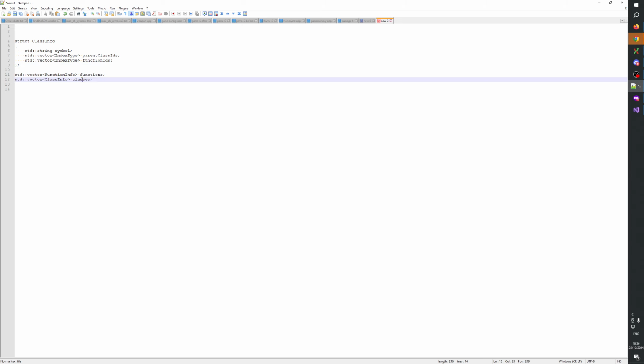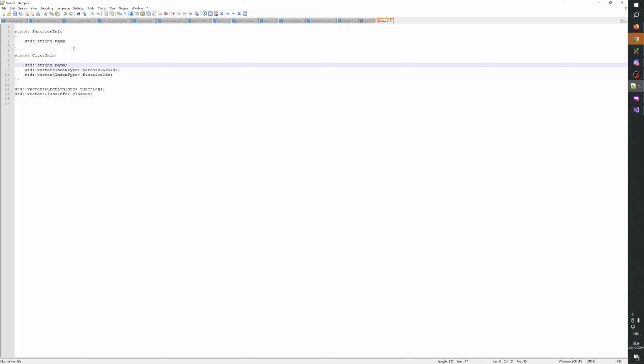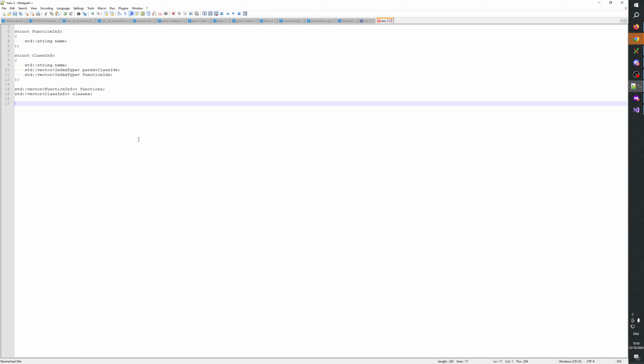So basically, we first have to lay out all the classes. Let's do also struct function info, with std::string symbol, or let's call it name.